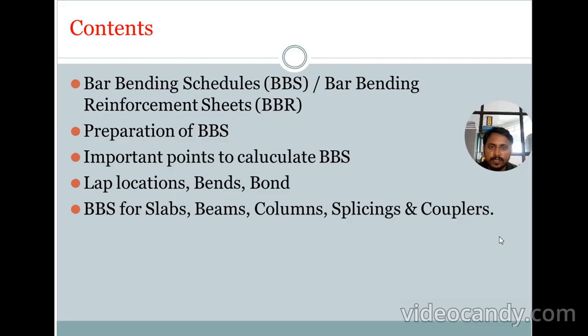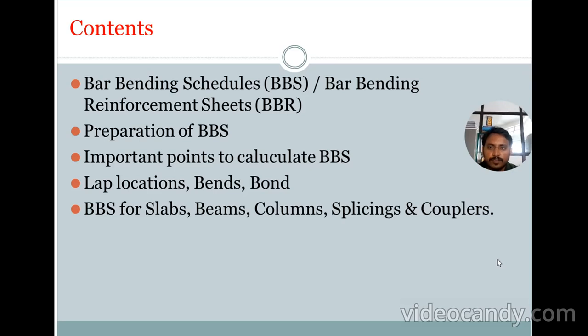Concrete work covers shuttering, centering and binding of steel; those three are considered as one item. Coming to steel, the steel bar and bending are considered as the second item.